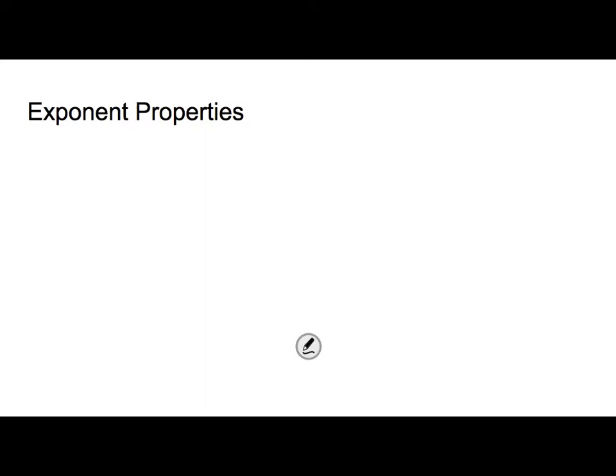All right, so we're going to be talking a little bit about exponent properties. Just thinking back to what we know about exponents, it's some number multiplied by itself a certain number of times. So 5 to the third power, 5 is our base. That's the number we're multiplying, and our small number up here is our exponent.